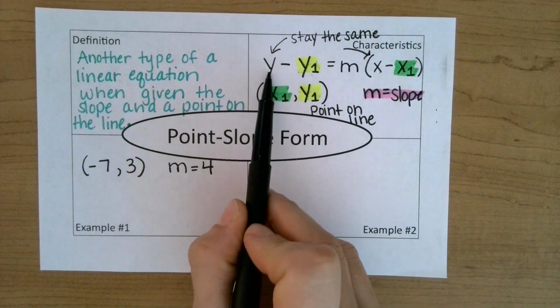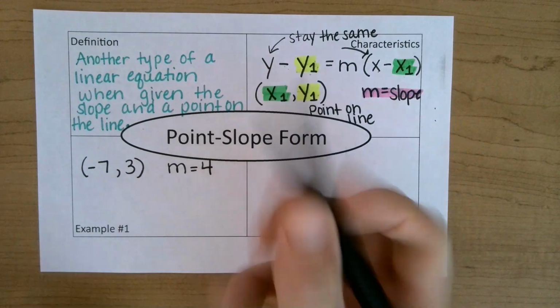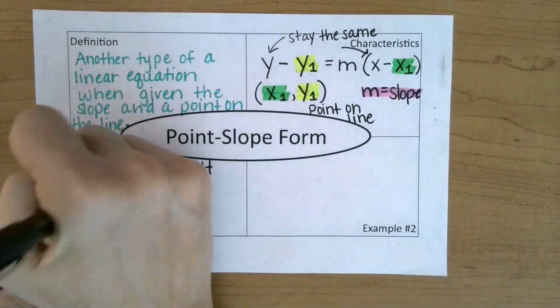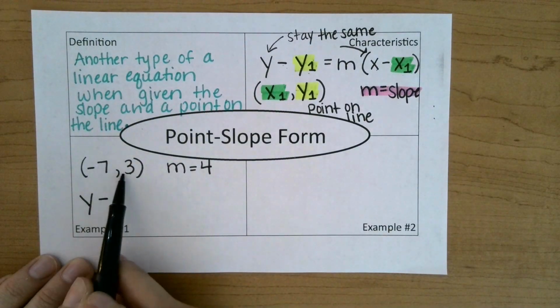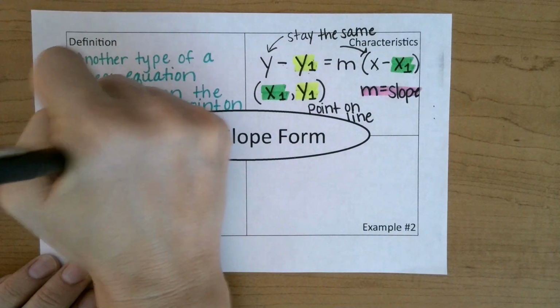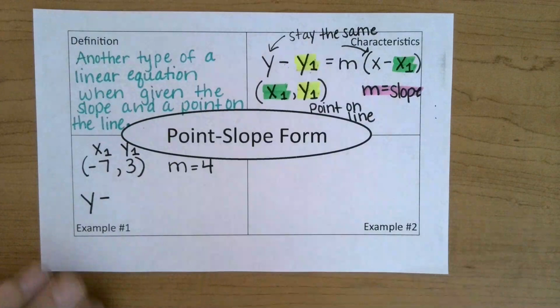So again, it's always subtracting. So y minus, and then let's go ahead and label our ordered pair. Remember, the first value is your x sub 1, and the second is your y sub 1.